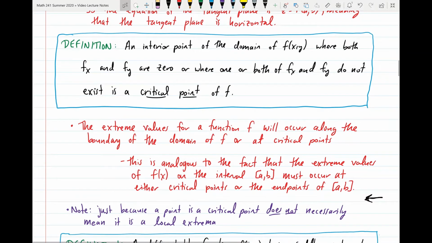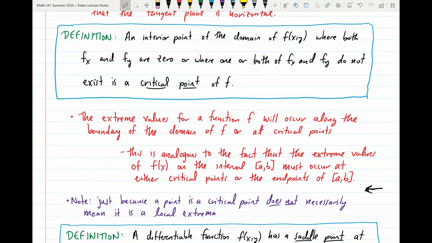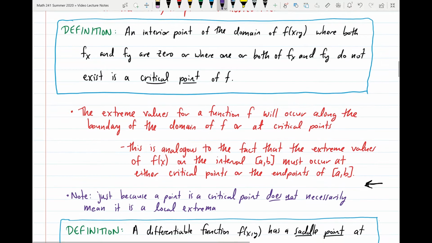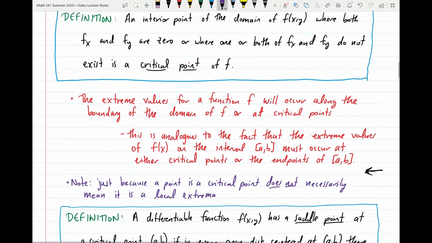So if we have that the partial derivative with respect to x and the partial derivative with respect to y at some point are equal to 0, then that point is going to be a critical point. Or if one of the partial derivatives with respect to either x or y does not exist at the point, we're also going to have a critical point in that case.